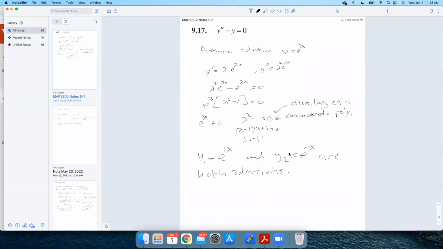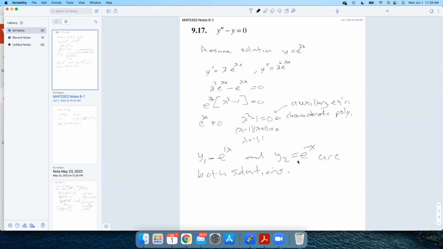In fact, they're linearly independent solutions. If we were to calculate the Wronskian of those, we would find them to be linearly independent. And that's always going to happen. As long as you don't have repeated roots, as long as you have unique roots, you will always get a linearly independent set.